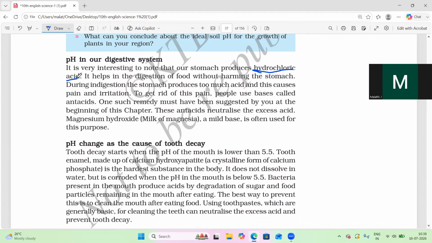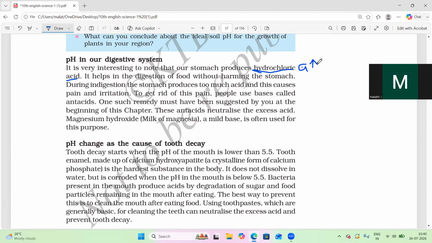When the release of acid in our stomach is more, what will happen? We will get acidity.